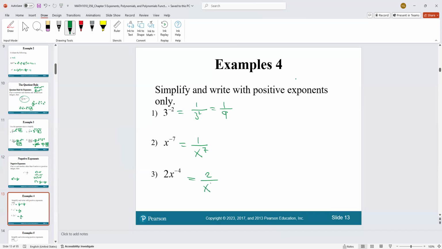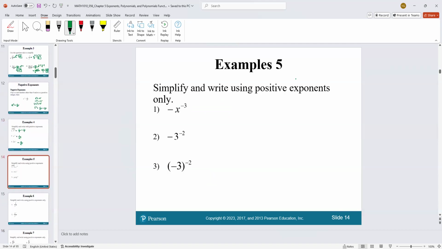The x power 4 would go in the denominator. Really, you need to remember that without parentheses, x is the base for the exponent negative 4, not the 2x. So the 2 is not in it, so we're going to leave the 2 on the top. Something very good. We can continue to do more examples of these.